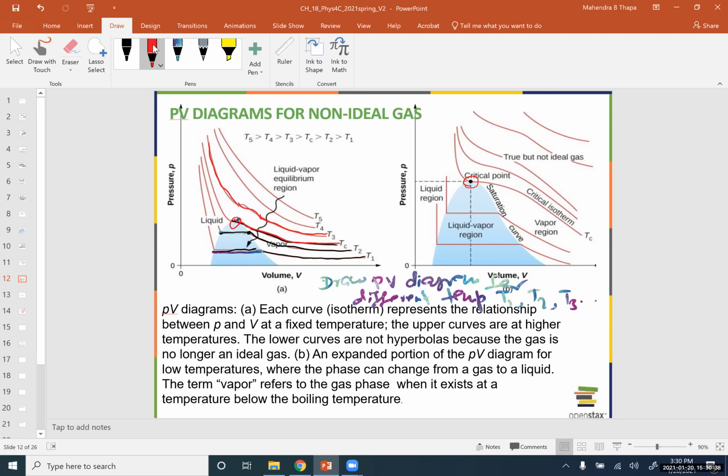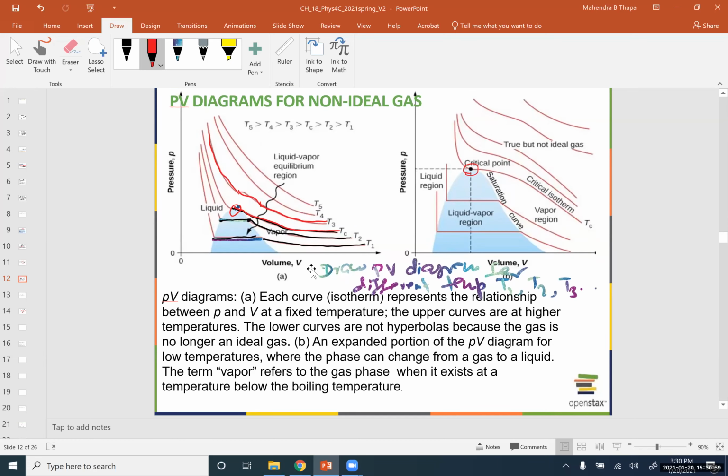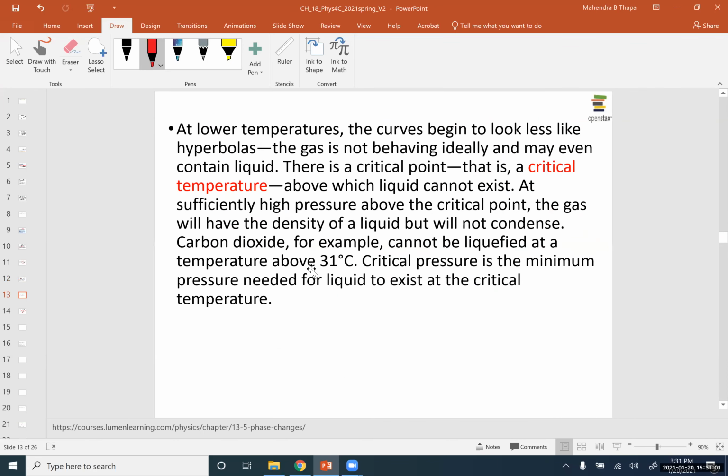This temperature after which we cannot get the liquid phase is called the critical temperature. It is different for different gases. Oxygen has a different critical temperature, and carbon dioxide, CO2, has a different critical temperature. So this PV diagram will explain why this kind of critical temperature exists for gases.